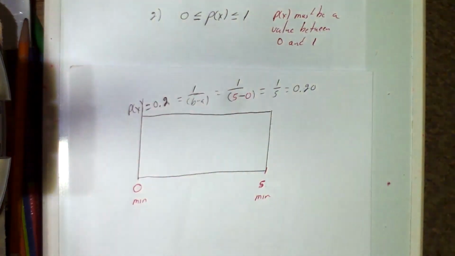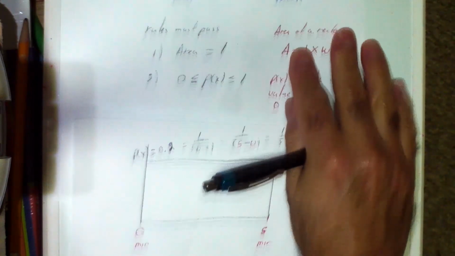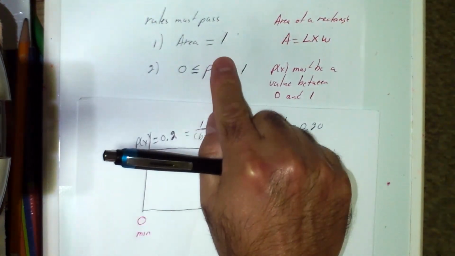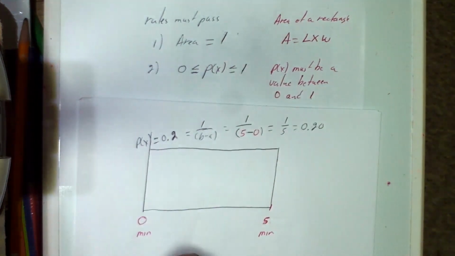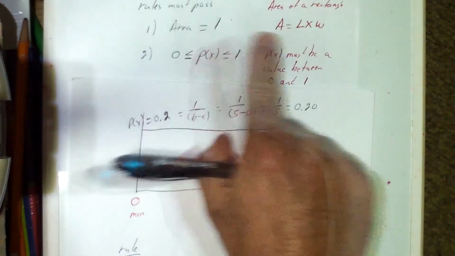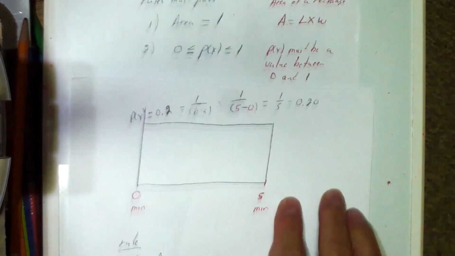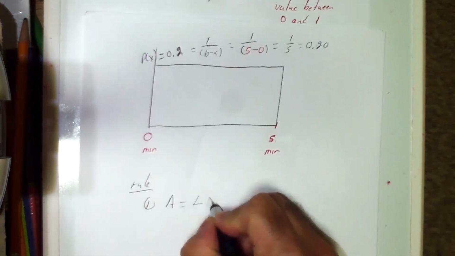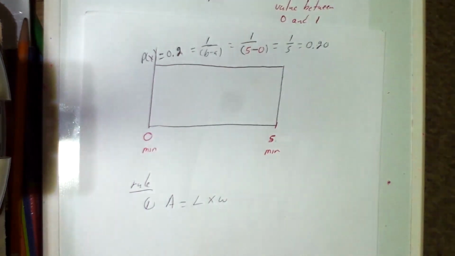Okay. And I want to see if this graph fulfills the requirements. All right, so let's see if they pass. Rule number 1: my area has to equal 1. So I'm going to use my formula. A equals L times W. So I got to figure out my length.